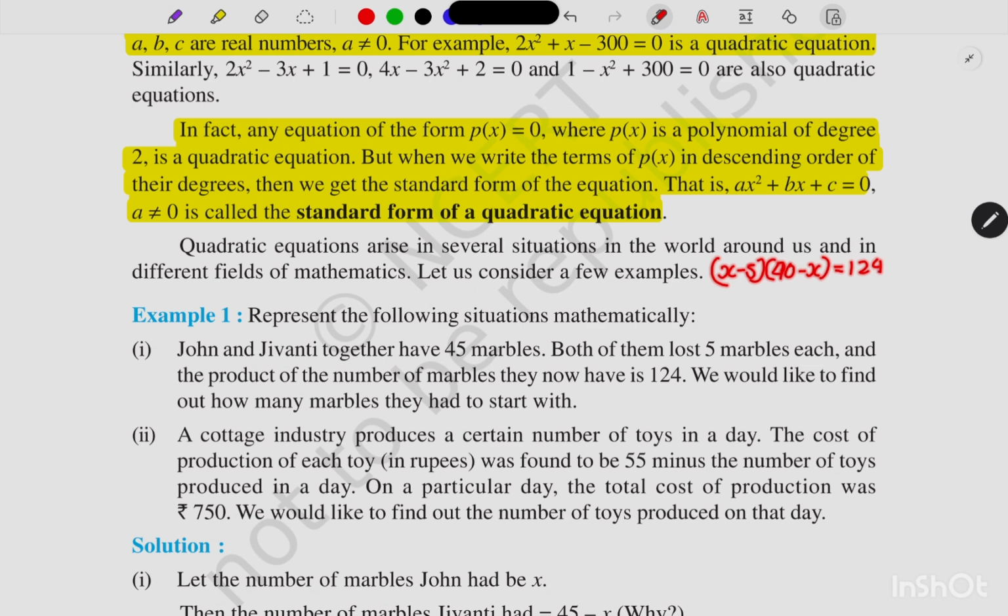Multiply all the things here and you will see 45x minus 200 minus x square, and this shall be 124. Check the degree of the polynomial. It is 2.